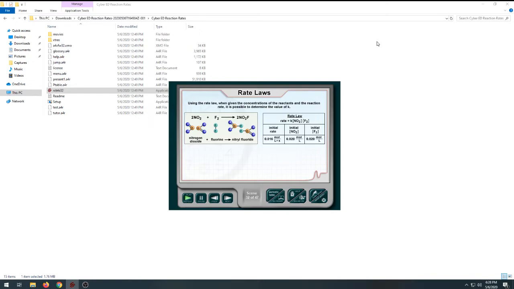When the initial concentration of both reactants is 0.020 moles per liter, the rate of reaction is 0.016 moles per liter second. Given these data, it is a straightforward procedure to calculate the rate constant. First, substitute the known values into the rate law equation, and then solve for K.